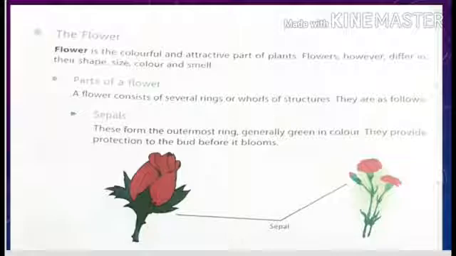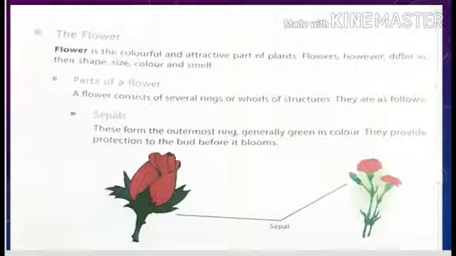Let's take the first ring or whorl, that is sepals. These form the outermost ring, means first ring, and are generally green in color. What is their function? To protect the flower during its bud stage.